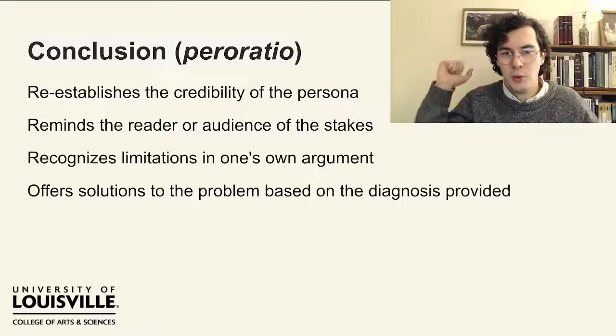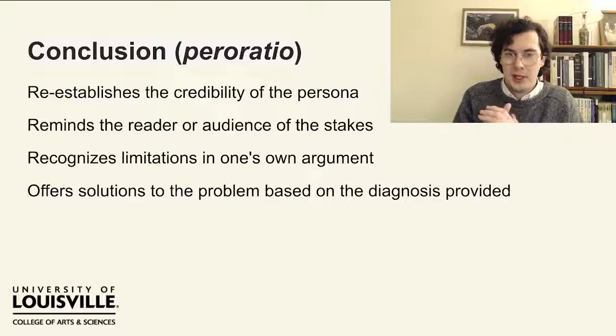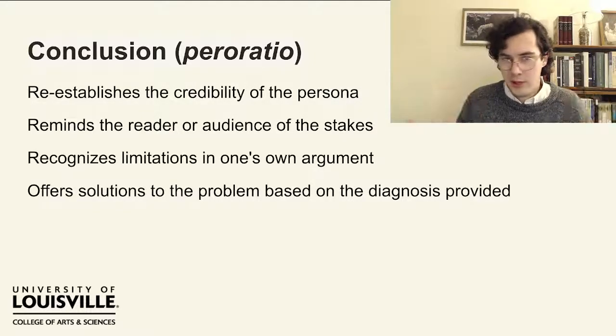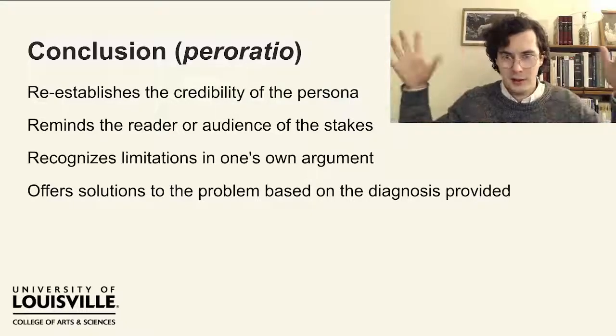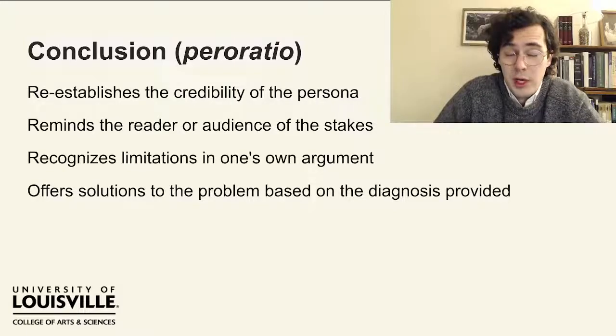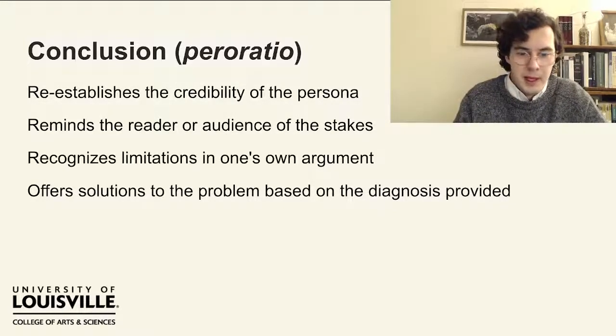If you stick to one particular argument and point and recognize that there are limitations to your own logic and to your own knowledge for these other 9 arguments, well, then you've reaffirmed your credibility and you've made your argument that much stronger.